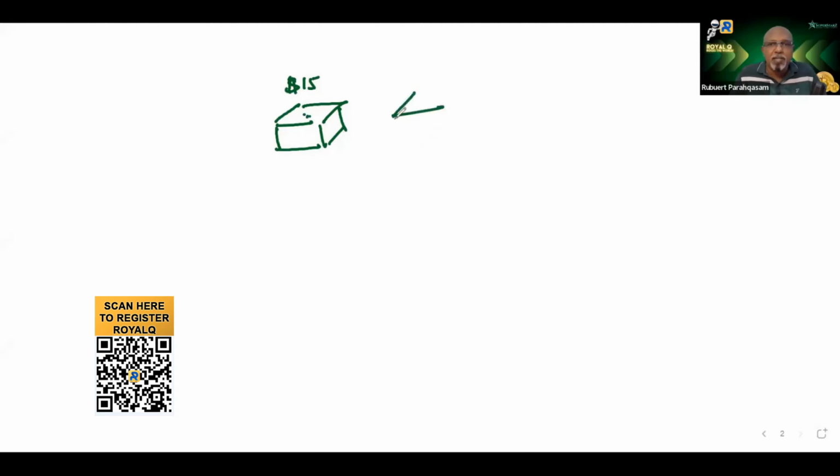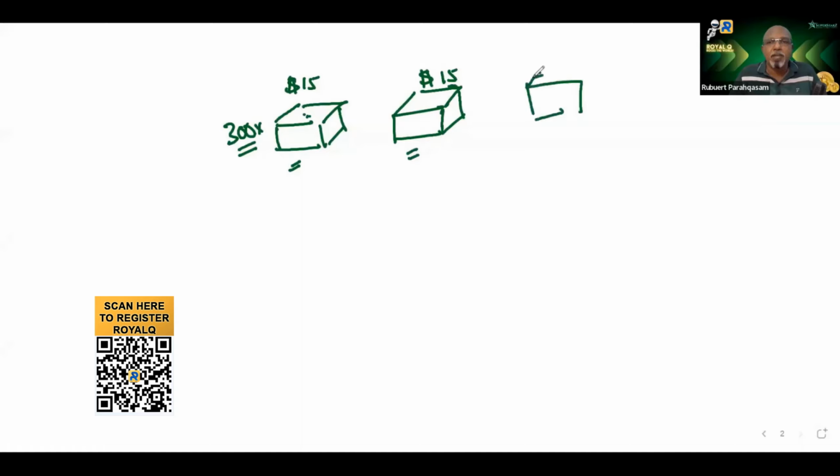Suppose you had another chest. This is another $15. Another $15. 300 trades in this box gives you 100K. 300 trades of this $15 gives you another 100K.